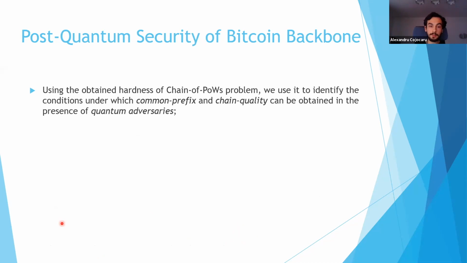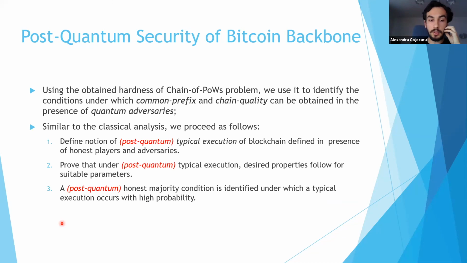So now that we have established the hardness of the chain of pose problem, we are going to use it to identify the conditions under which the common prefix and the chain quality properties can be obtained in the presence of quantum adversaries. To do so, we are going to proceed similar to the classical analysis.